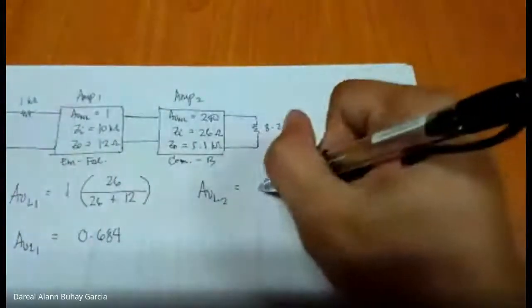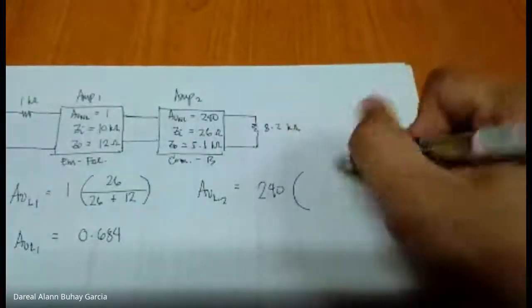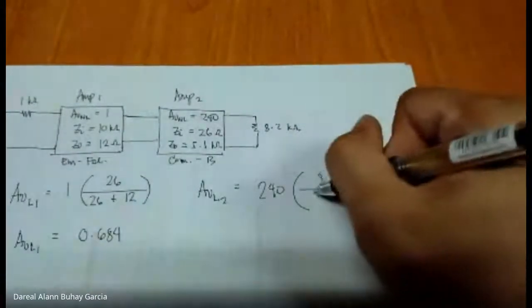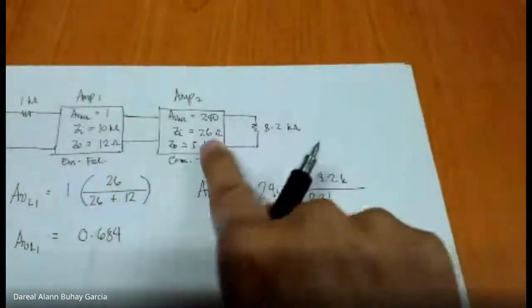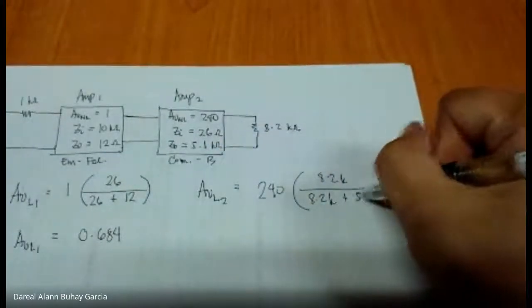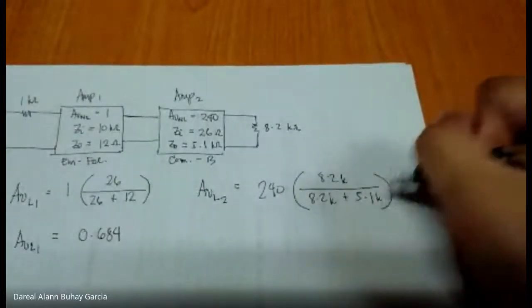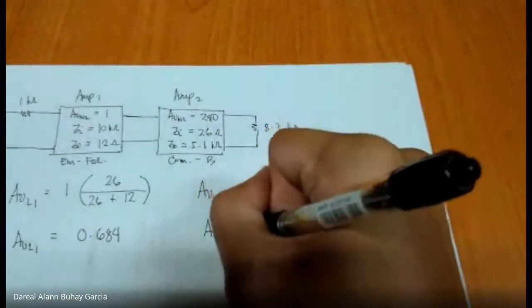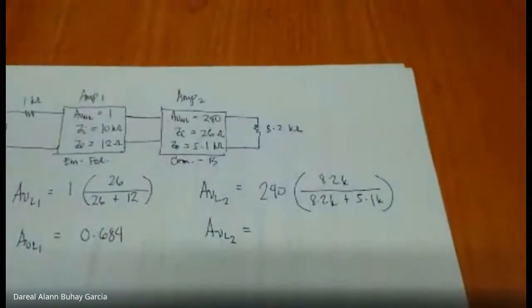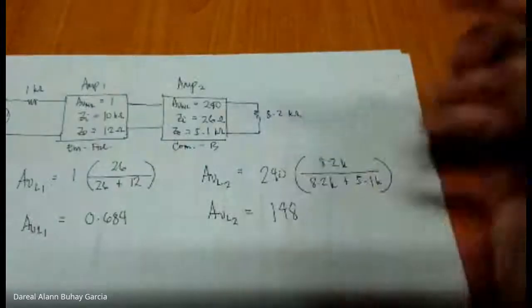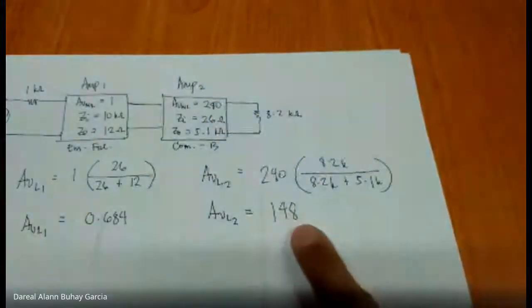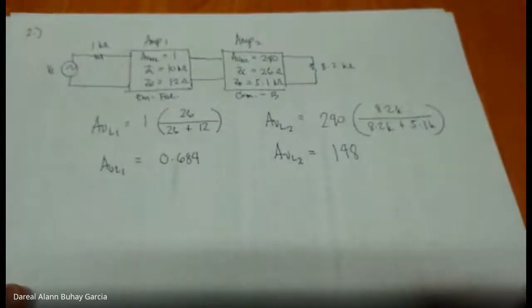AVL2 is AVNL times RL over RL plus ZO, 5.1K, which gives 148. So from 240, it went down to 148.